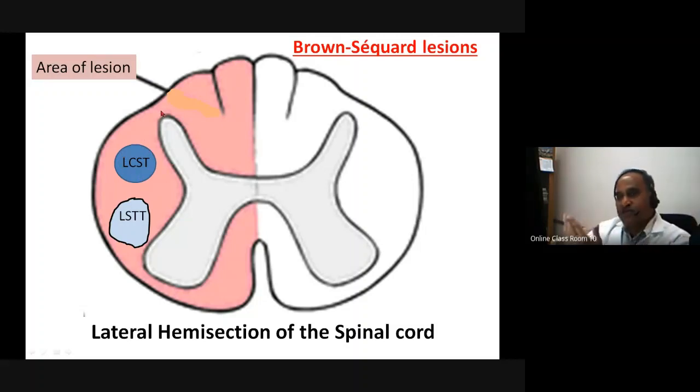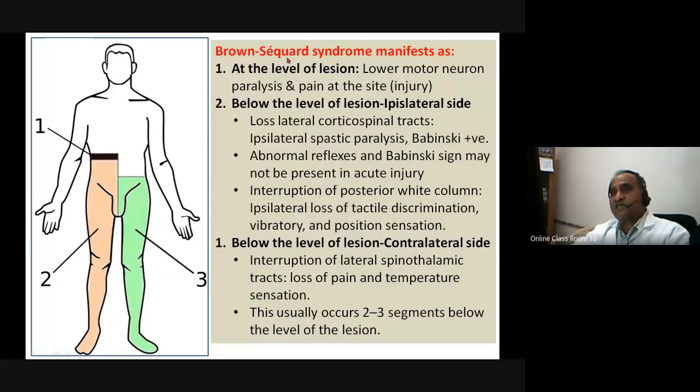This is the cut, how it happens. What happens when it is cut like that, or when the spinal cord has a lesion like that? That is known as Brown-Sequard syndrome. It produces a very peculiar situation.